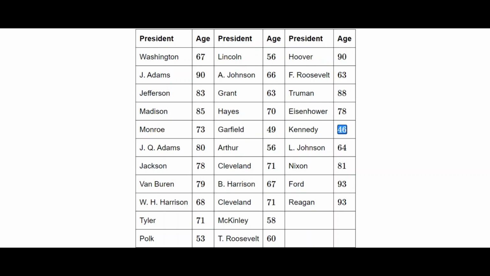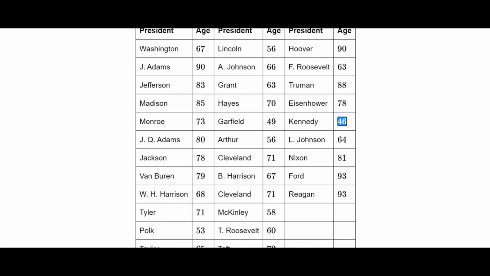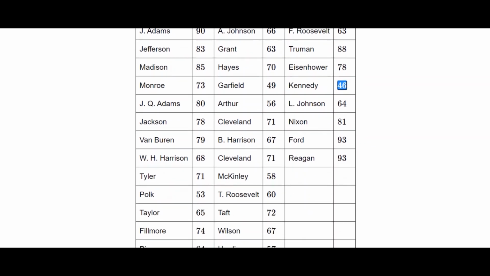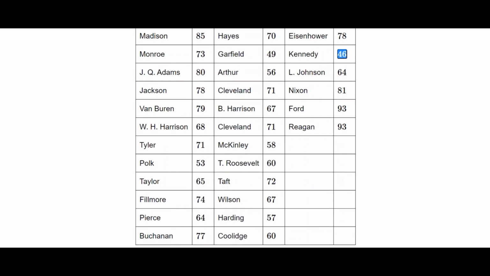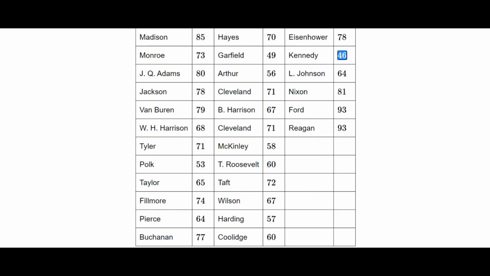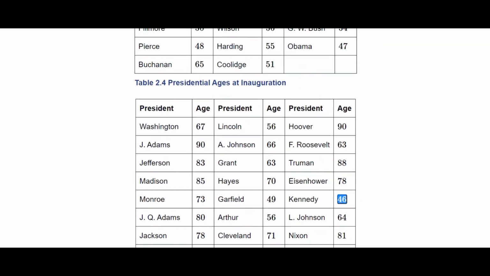And if we come down to the graph, we can further see if there is any number smaller than 46, and we see that all the numbers are bigger than 46. So this means that 46 is the minimum age of death and 42 is the minimum age of inauguration.